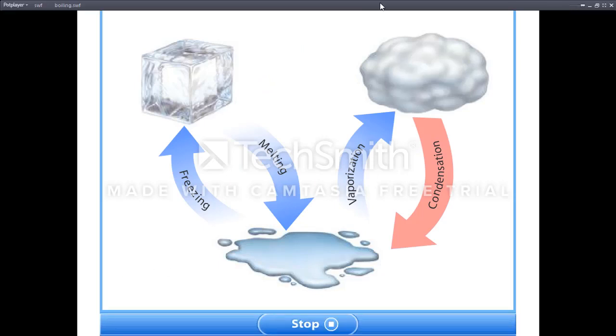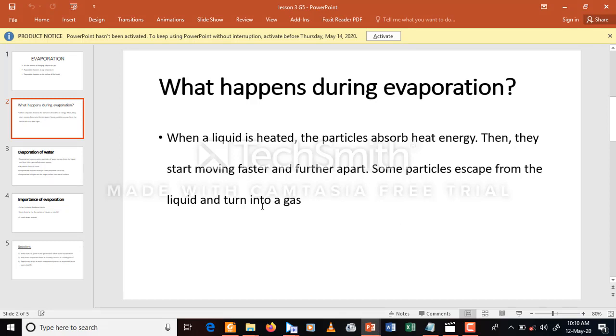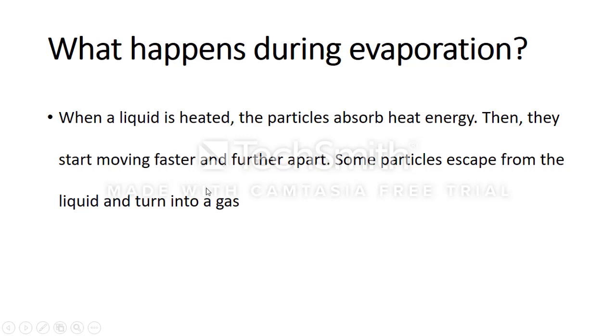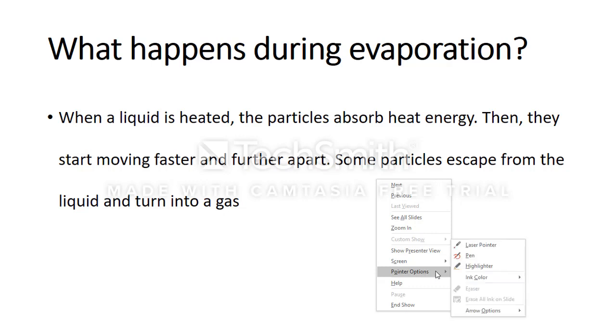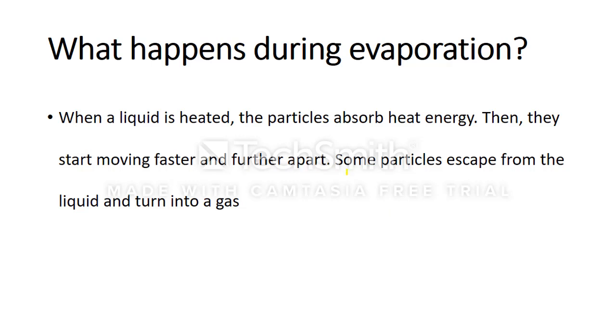Okay, so that's about evaporation. Let me proceed with my explanation. What happens during evaporation? When a liquid is heated, the particles absorb heat energy, and then the particles start moving faster and further apart. So some particles escape.